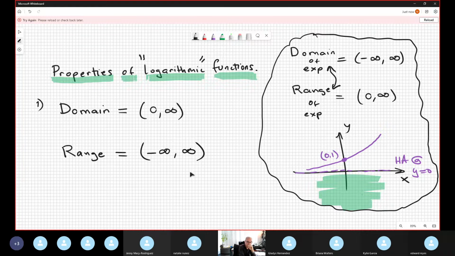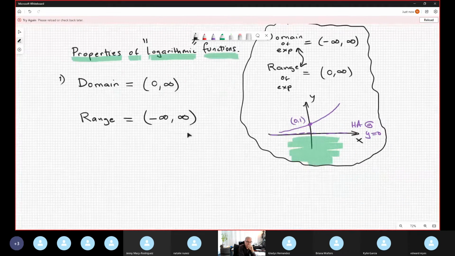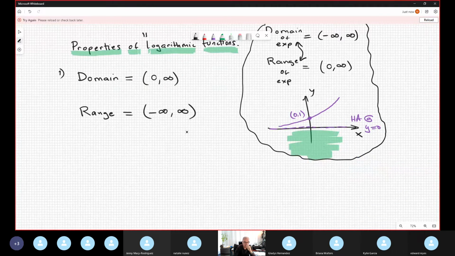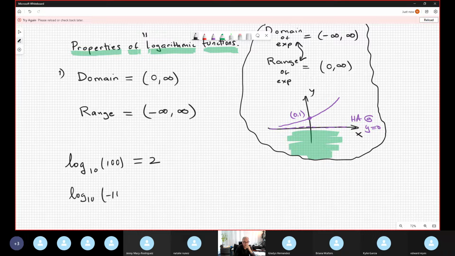You say, Professor, that you can only apply logarithm to a positive number. Okay, so logarithm base 10 of 100 is 2. But logarithm base 10 of negative 100 is completely out of the domain. It is said to be undefined. Logarithm of a negative number is impossible.